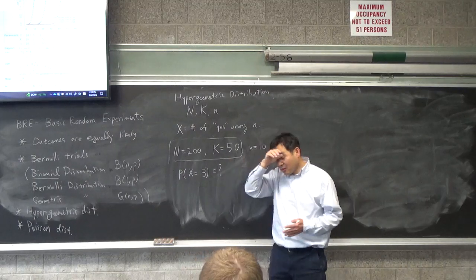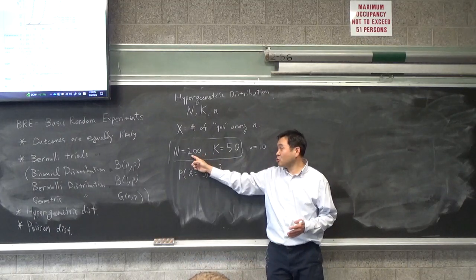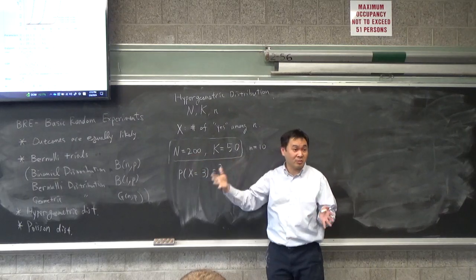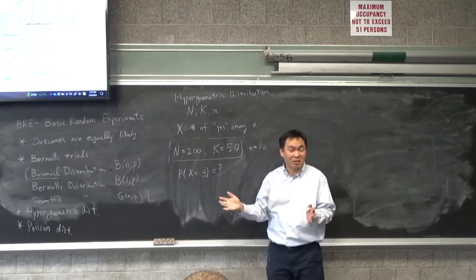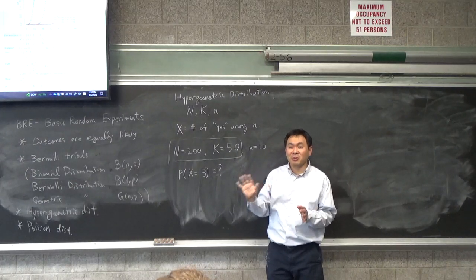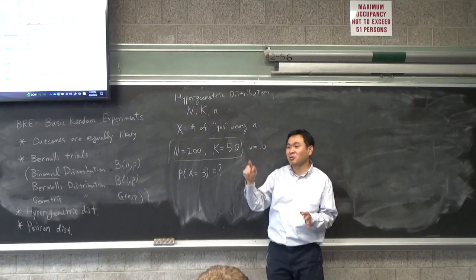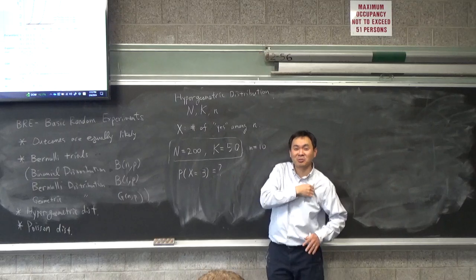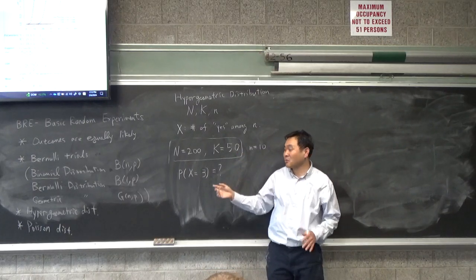If this is hard, let's say something like this. There are 200 coins, quarters for example, inside a jar. And you know that 50 of them are those precious silver coins, minted before 1950 or something, very expensive because they're made of silver, not regular metal.